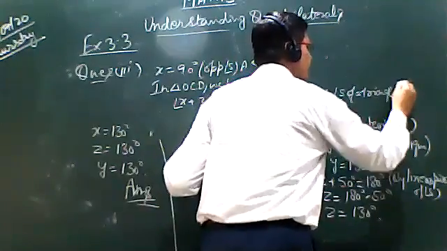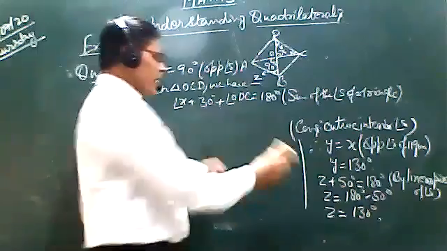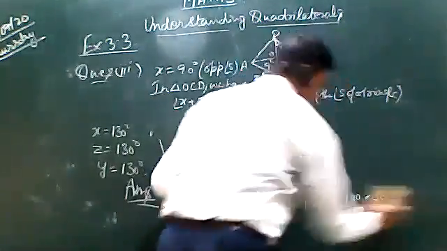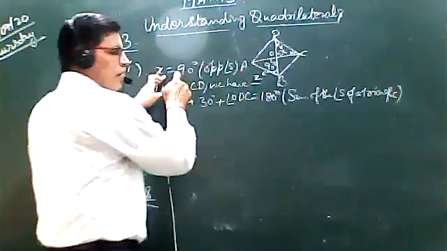आप लोग सभी जानते हैं कि ट्राइंगल के इंटीरियर एंगल का सम 180 होता है. हमने यहाँ पुट कर दिया. And now angle x we already find here.